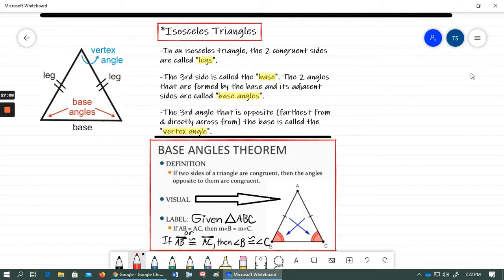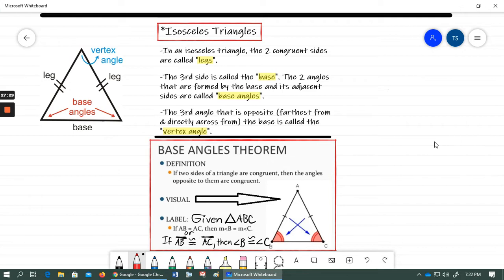Okay, so folks, the base angles theorem. This is a theorem that only applies to isosceles triangles, or at least we'll only be using this theorem with isosceles triangles.